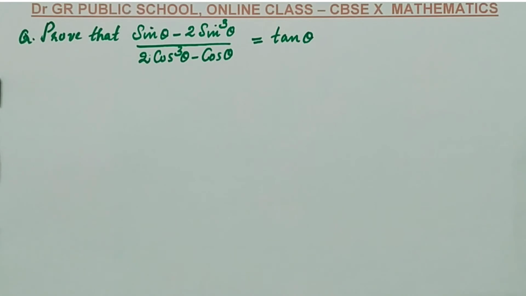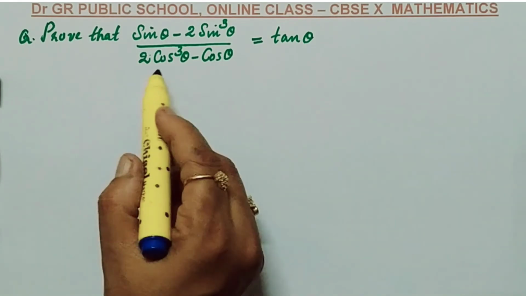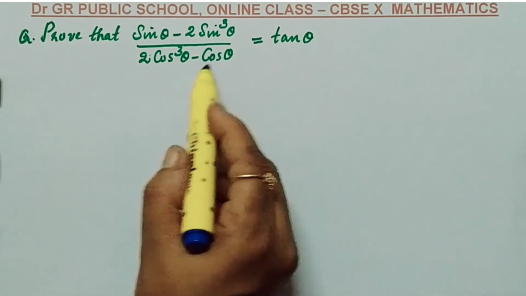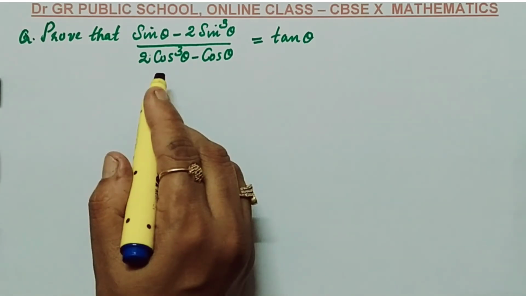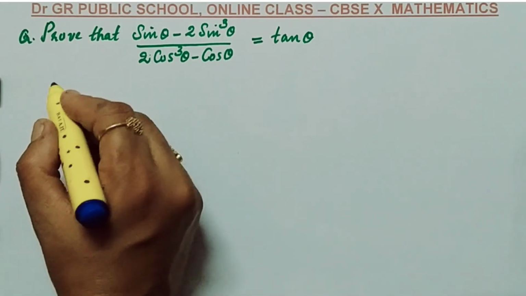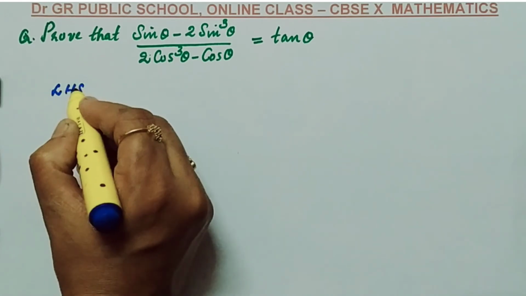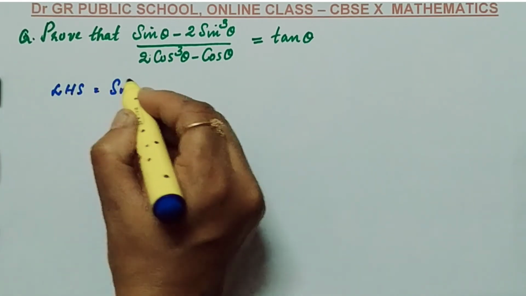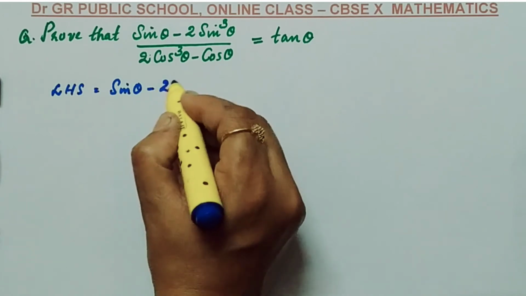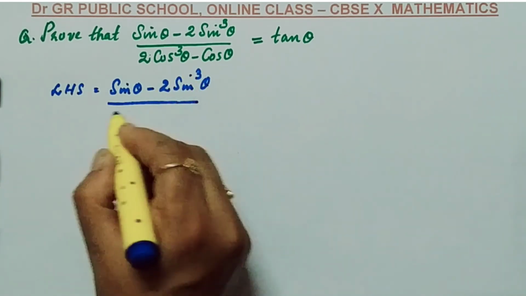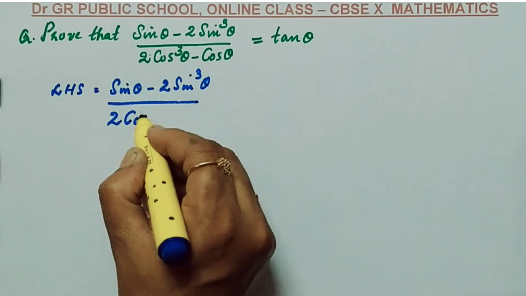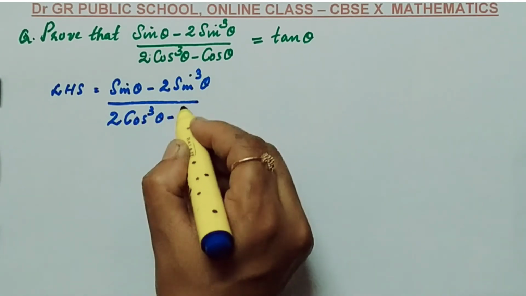Another question. Prove that sin theta minus 2 sin cube theta by 2 cos cube theta minus cos theta equal to tan theta. Okay, let us take the LHS to prove the RHS. Your LHS equals sin theta minus 2 sin cube theta by 2 cos cube theta minus cos theta.